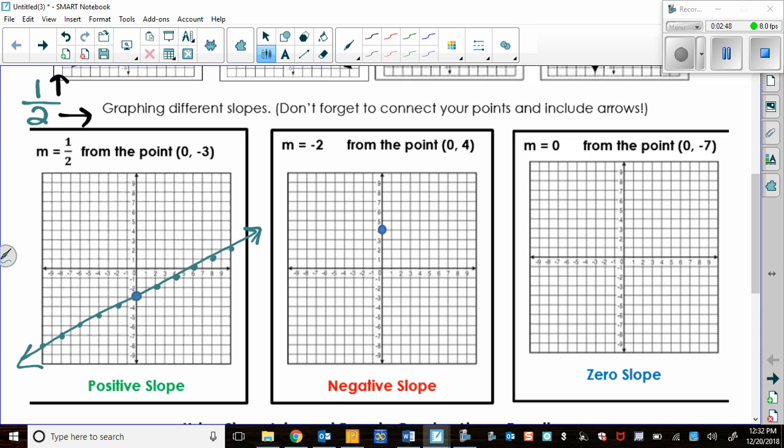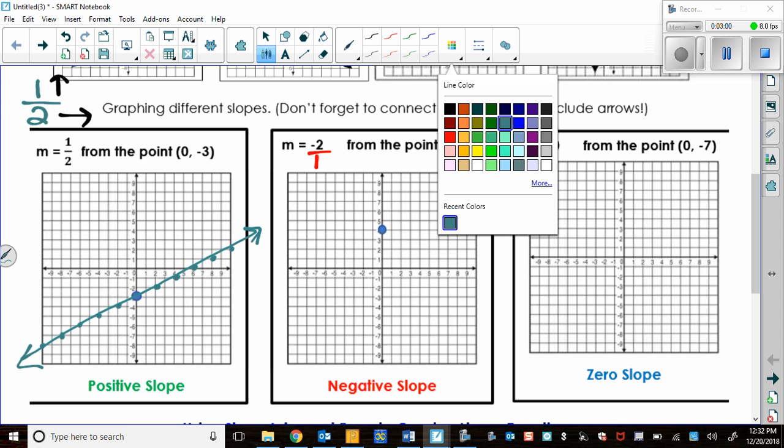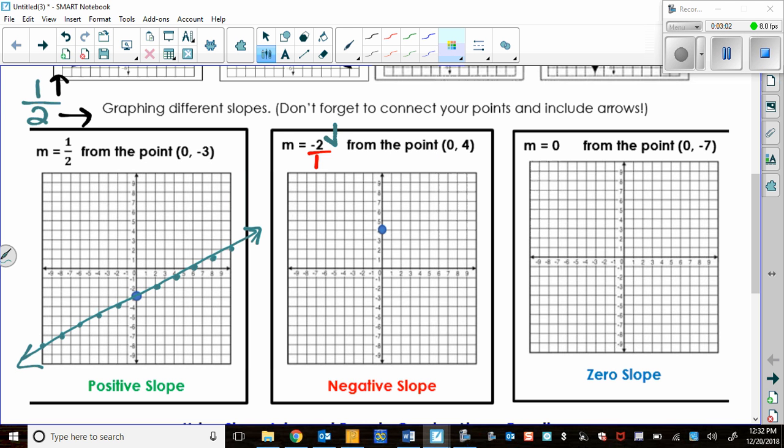Okay, so for number 2, we have the slope of -2/1. I know that it's not over 1 right now, but I want you to know that any number can be written as a fraction. What this means is I'm going to go down 2 from my starting point, and then go to the right, because a positive number on the bottom means you're going to be going to the right. It's a positive direction. So for my y-intercept, I'm going to go down 2, so 1, 2, and over to the right 1.